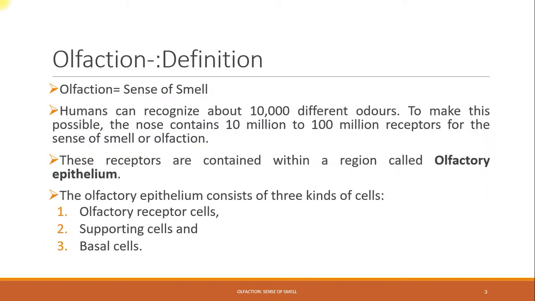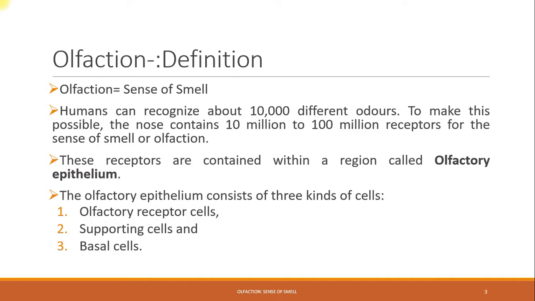So, olfaction definition: it is the sense of smell, and humans can recognize about 10,000 different odors. To make this possible, our nose contains 10 million to 100 million receptors for the sense of smell, or olfaction.